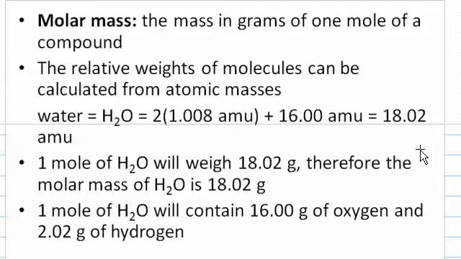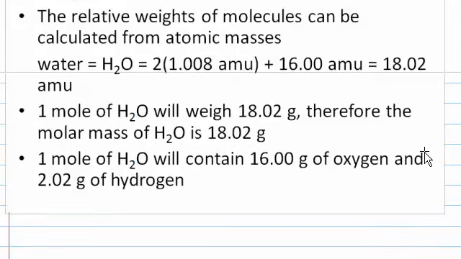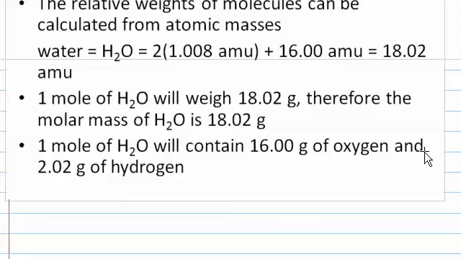And so to determine the mass of 1 mole of water, we are simply going to add up those component atomic masses. That is, if 1 mole of hydrogen weighs 1 AMU, then 2 moles of hydrogen weighs approximately 2 atomic mass units, or 2 grams per mole.